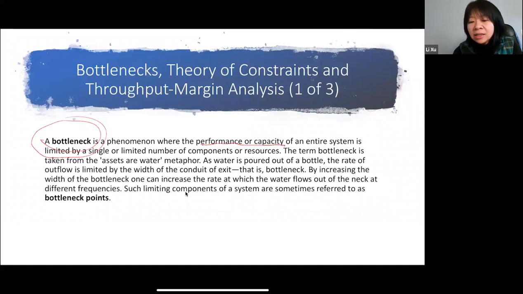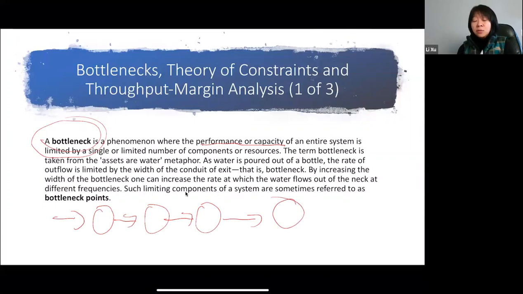So here, let's imagine you have multiple stages of production, okay, it goes like this. What is the bottleneck? It means one of the stages has limited resources. It's like a bottle, so narrow here, so all the production stops here, cannot move forward because you have limited resources at one of the stages, okay?